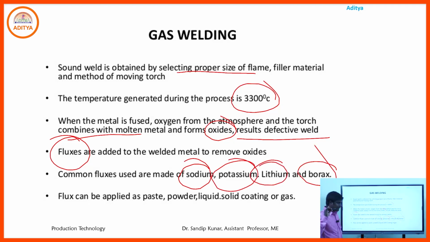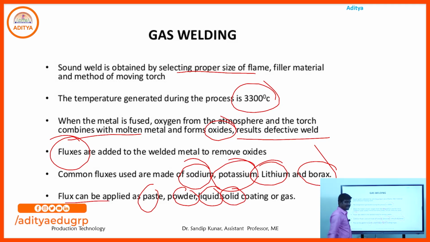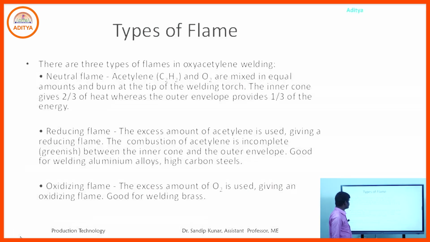These are the primary or common fluxes in welding. They help to protect the weld metal, means molten metal, from reaction with oxygen. Flux can also be applied as a paste, powder, liquid, solid coating or gas.